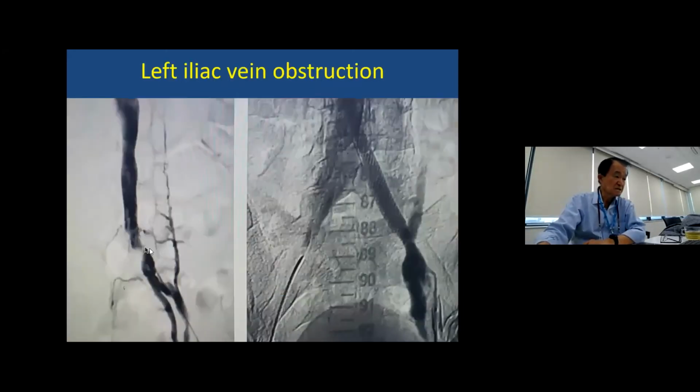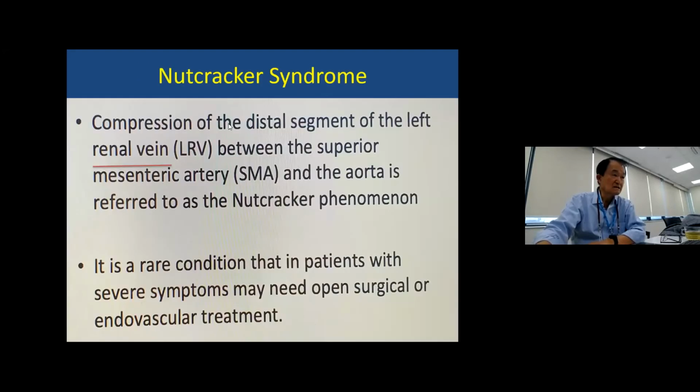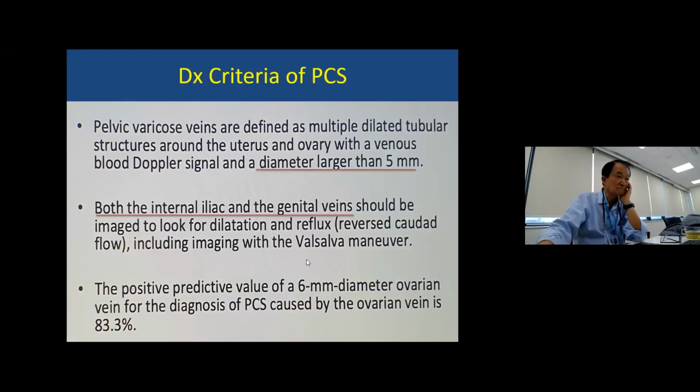So these kinds of things, blockage. And blockage of the variant or atherosclerotic veins is connected to the left renal vein. And nutcracker is left-side renal vein compression. So when we have this kind of thing, surgical intervention is most likely.